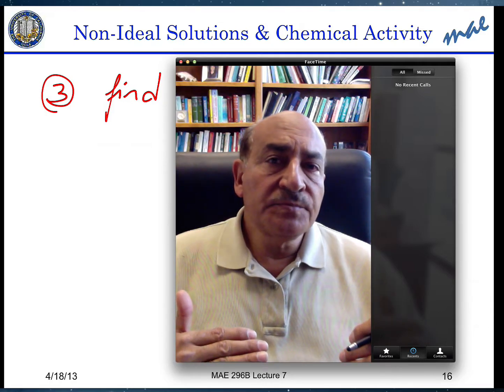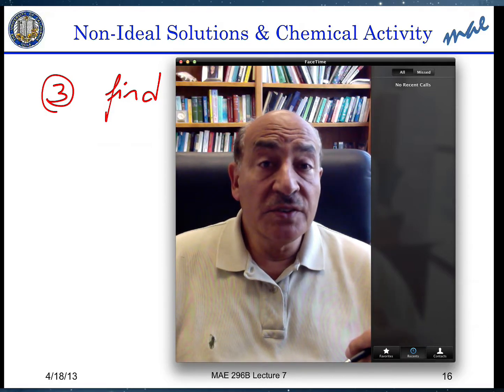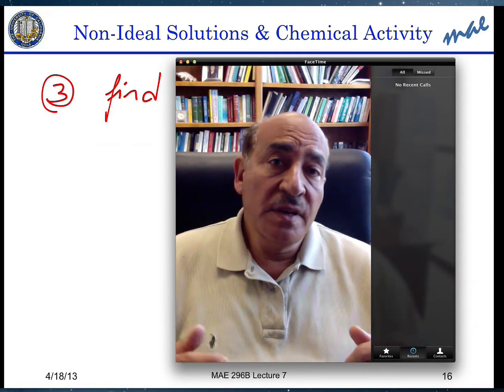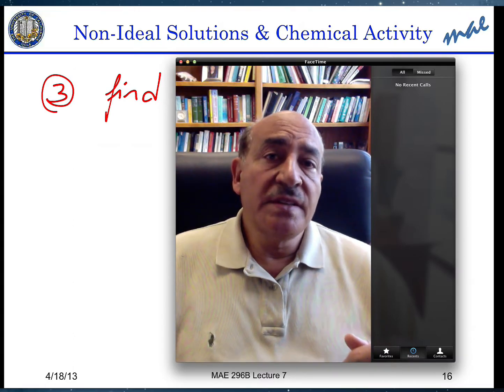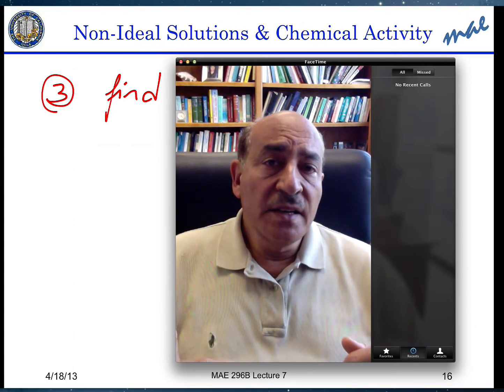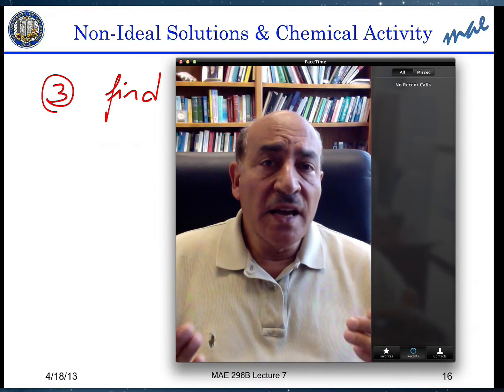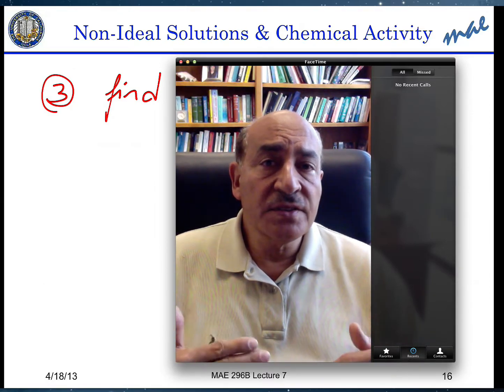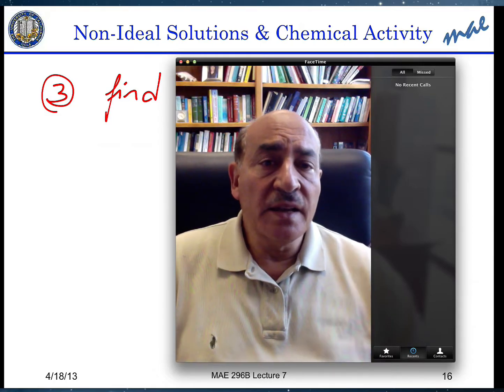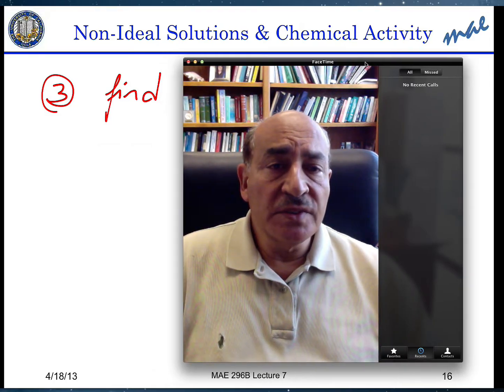If I'm studying chemical vapor deposition, which is equilibrium between the vapor state and the liquid and the solid state, then instead of the activity coefficients, I have to find the fugacity coefficients of the tungsten and the iron. And that's what we'll do in the next step.